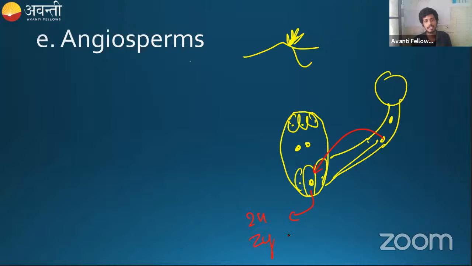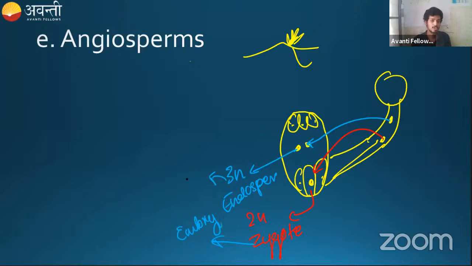And the second one will fuse with this particular central nucleus, and this will form the 3n, or you can see it as the endosperm. This zygote will form the embryo, and this endosperm will give nutrition to this particular embryo.